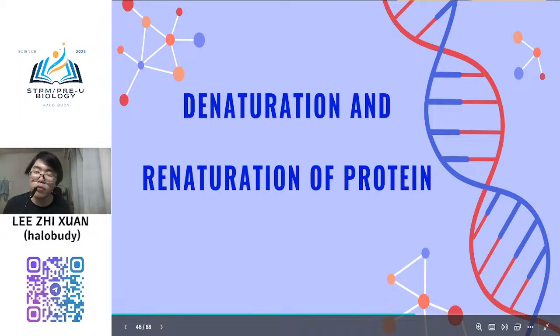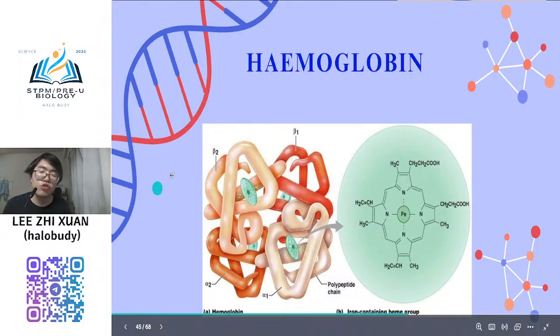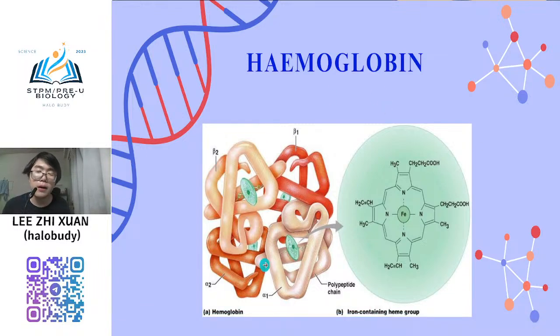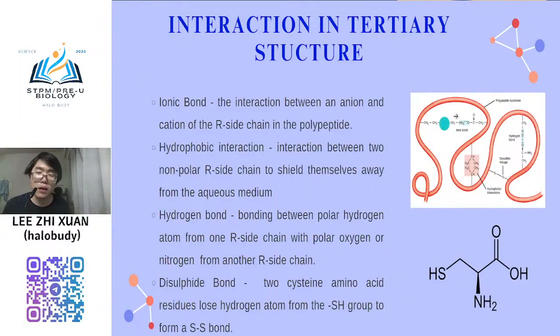But if you want to break down the 3D structure of the protein, like this, it's very easy. Why? You need to know that all these interactions are very weak interactions only. Compared to the covalent bond, the peptide bond between the amino acids is strong and quite hard to break.